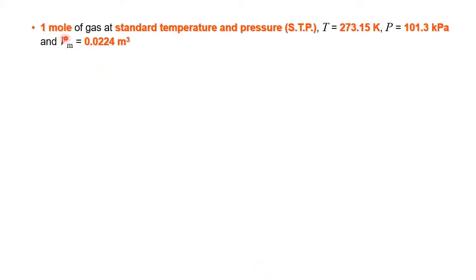Okay, 1 mole of gas at standard temperature and pressure, or it is known as STP, okay, where temperature at 273.15 Kelvin and pressure at 1 atm. Okay, 1 atm. ATM is unit for pressure.